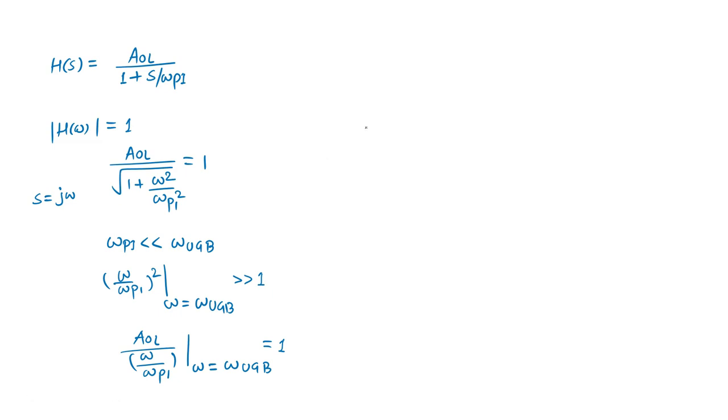So from here we can write omega UGB equal to A_OL times omega p1. So this is the general 3 dB frequency times the DC gain equal to omega UGB. And also we can write this for the closed loop transfer function that I already wrote on the previous page.